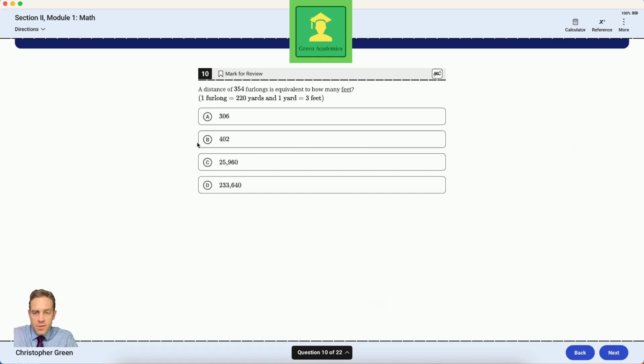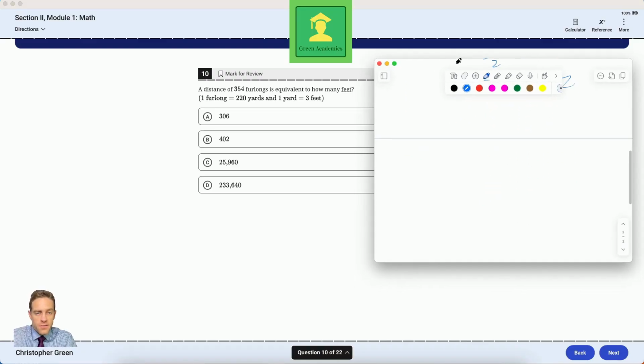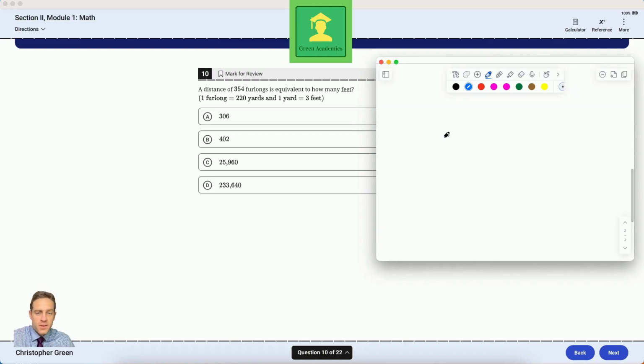A distance of 354 furlongs is equivalent to how many feet? 1 furlong is 220 yards. So if you wanted to write the conversion in the official skeleton notation, it would be 354 furlongs, and then you're looking at 220 yards is a furlong, and then 3 feet is a yard.